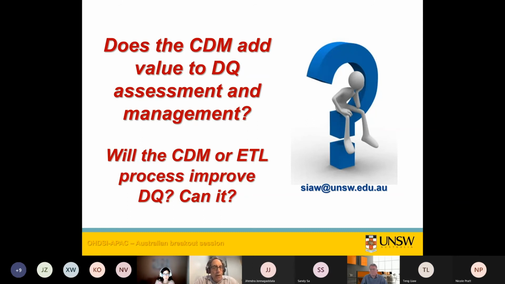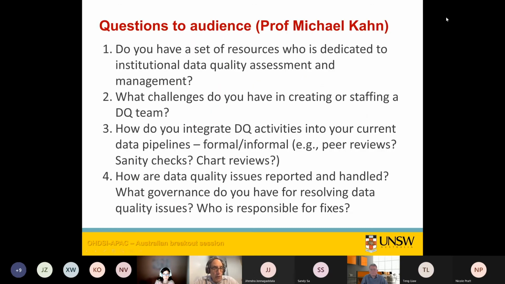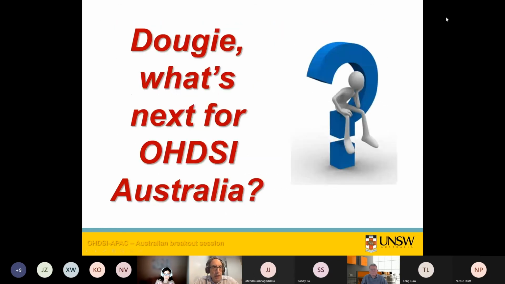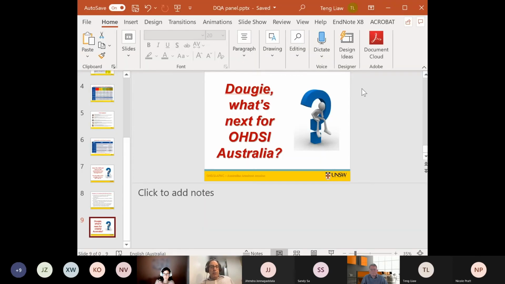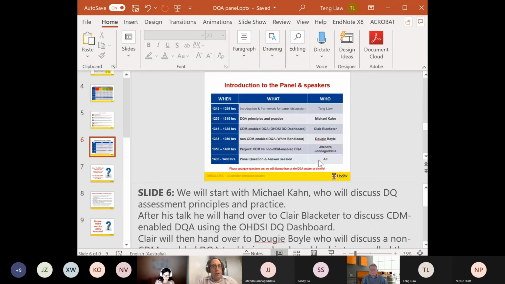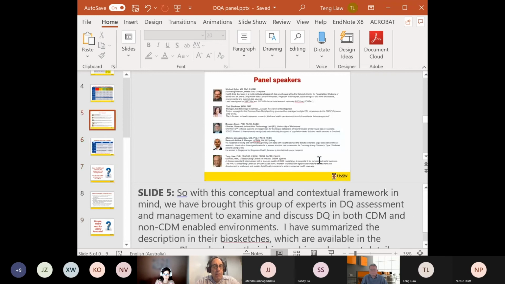The value that we have gotten by adopting a CDM and working towards a standardized pipeline has really been access to a community that is behind that CDM. In particular, the OHDSI community is a pretty dynamic and very vocal and very thoughtful community who's really worried about making sure that the CDM data supports good science.